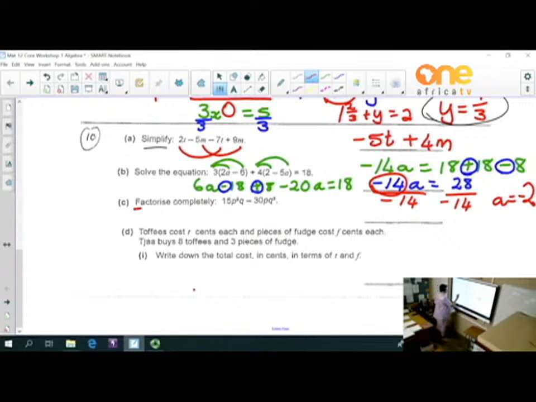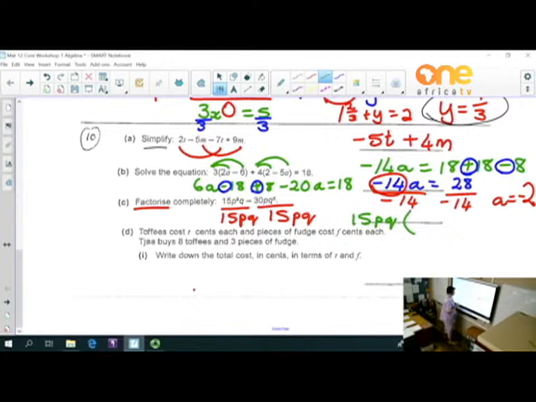Question C, factorize. So we are again busy with factorize. That means divide. What is common here? I can divide with the number 15 on both sides. Which letters? PQ, and there also PQ. So my first factor here is 15PQ.